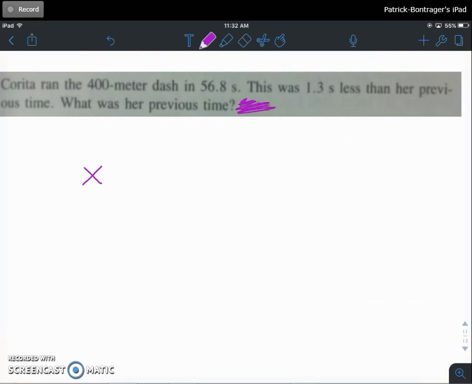Okay. There are two actual ways to think about this. I'm going to take her previous time, and again, less means I'm going to subtract. So x minus 1.3 equals 56.8. How are x and 1.3 connected? Through subtraction.